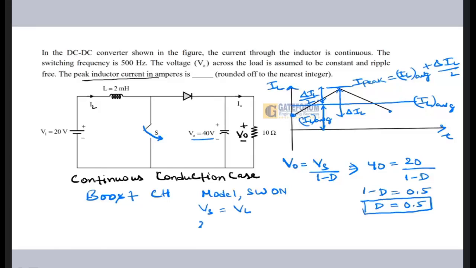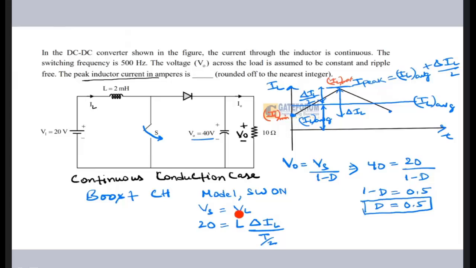So Vs is 20 volt and this is L, and delta I will be your delta IL, that is from IL minimum to IL maximum. So delta IL is the change in the current, and this occurs in the time interval T by 2.